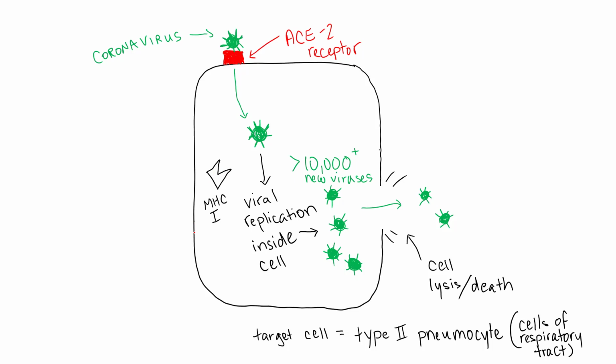So there's class 1 and class 2. Now an infected body cell like this would have MHC class 1. Recall MHC class 1 is found on all nucleated body cells. And what it'll do is it will actually bind to some of the viral antigens. So this little green ball here represents a viral antigen.